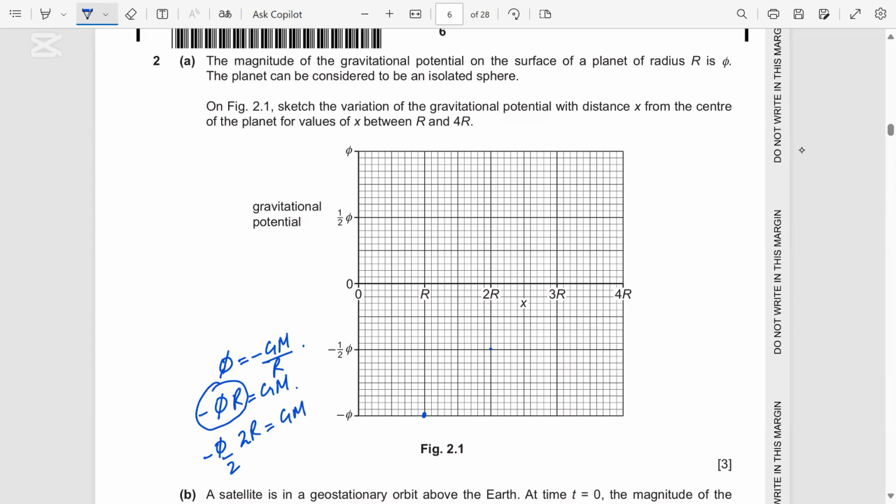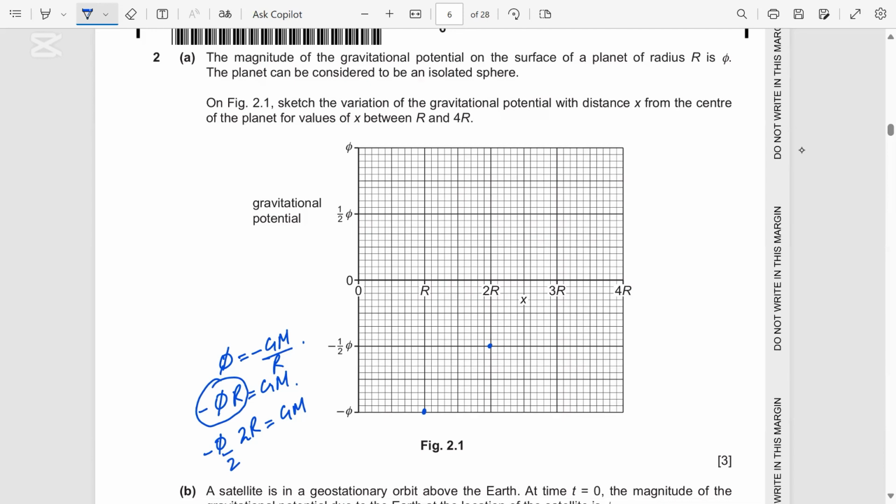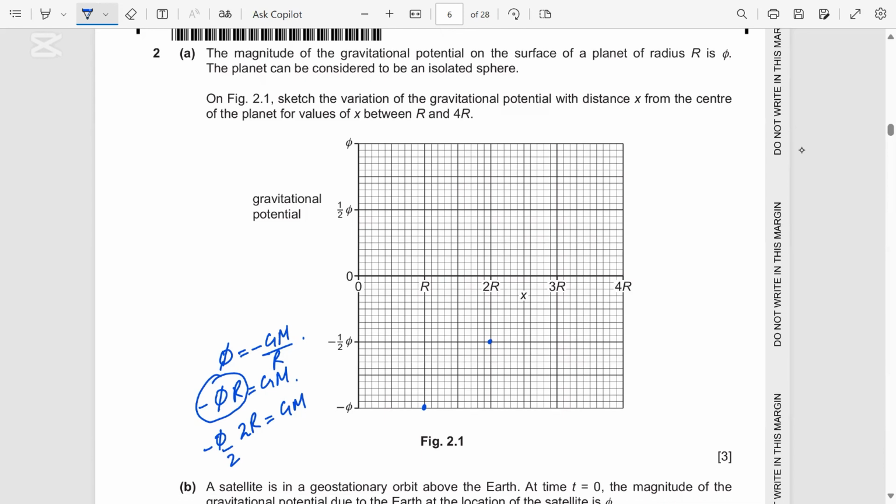So we have another point here, and again we have to get the same answer. When we have 3r, we have minus phi by 3 times 3r, we get the same answer GM. And at 4r, we apply the same concept. This is minus phi over 4 times 4r, and that will give us the same answer GM, because this 4 will cancel with this 4.